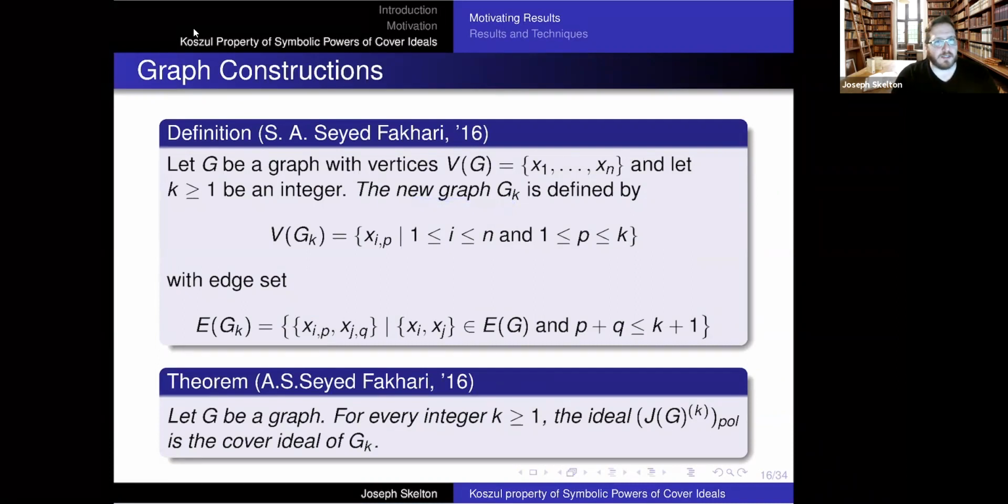The way you construct it is you take your original graph, you copy each vertex k times, and then you connect the vertices if they were originally connected in the graph and the second indices add up to at most k plus 1. And what he showed is that this graph is the cover ideal of the polarization of the symbolic power of the cover ideal of the graph. There's 4 "of"s in that, so you know it's good.